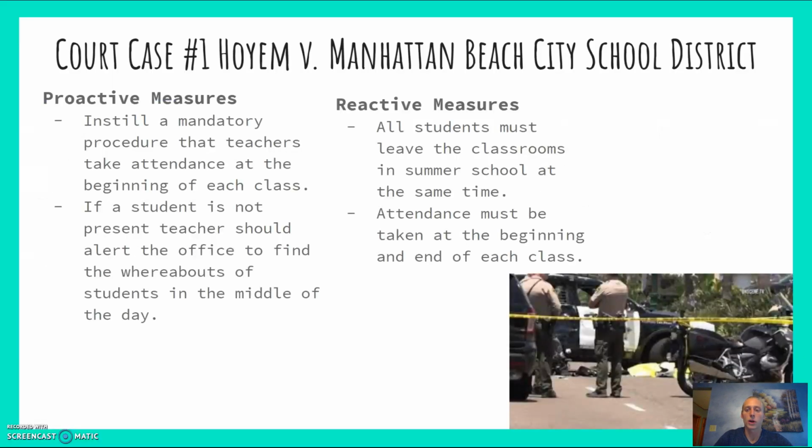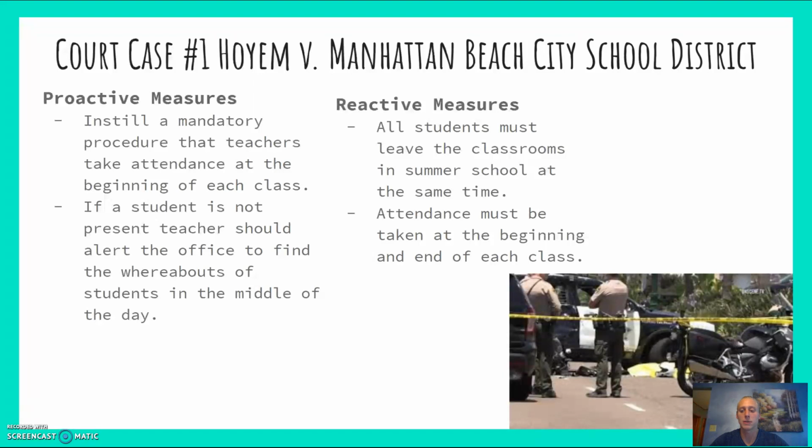So the first court case that I looked into was Hoyem versus Manhattan Beach City School District. This took place at a summer school in the Manhattan Beach City School District, and a student left class, kind of cut class and was trying to get out of it.